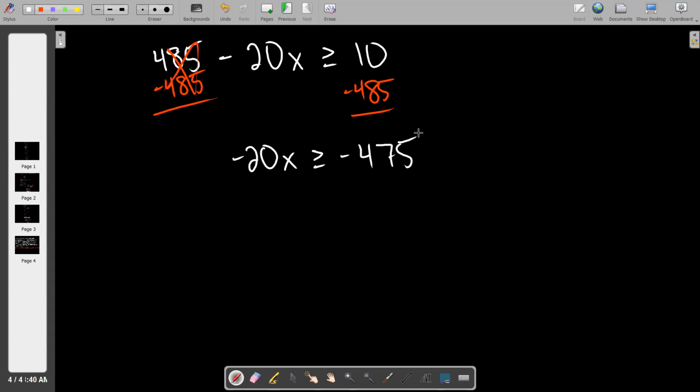Nice job. And then grab your calculator. And I'm not even going to type in the negatives because, by the way, do I switch my sign? Yeah, I do, right? x is less than or equal to. And so I'm just going to type in positive numbers because negative divided by negative is going to be positive anyway. So 475 divided by 20 is 23.75.